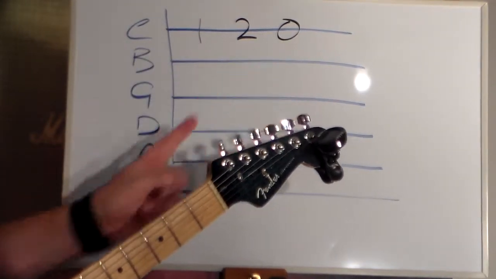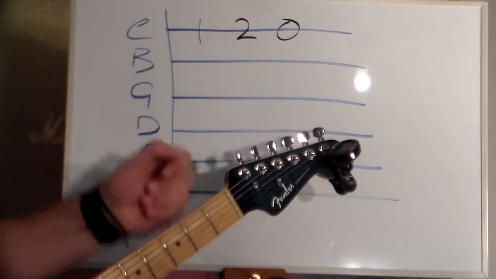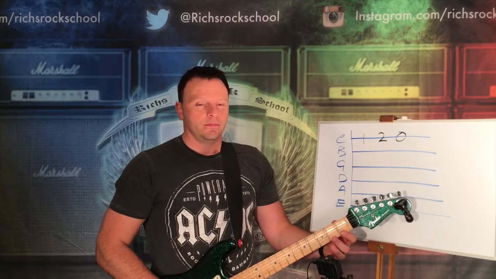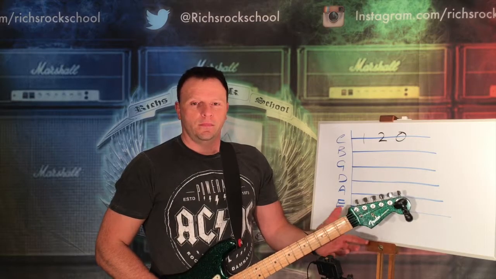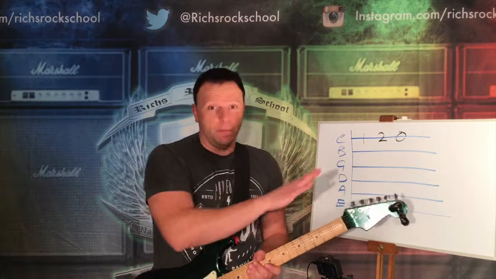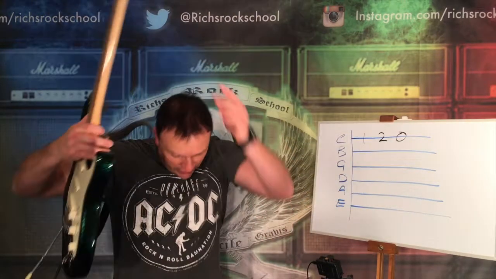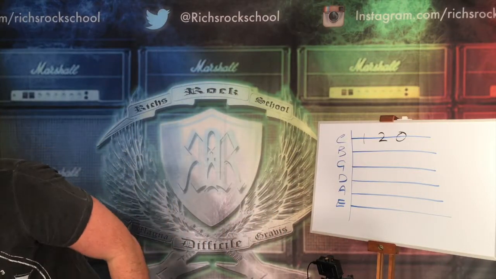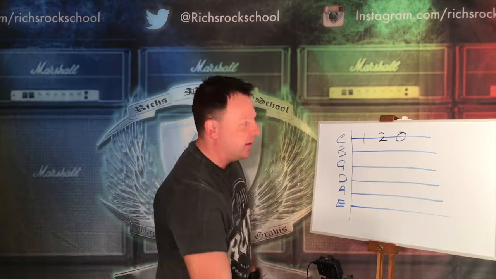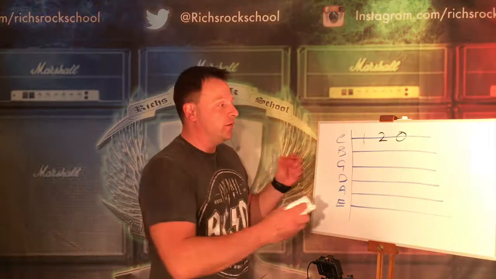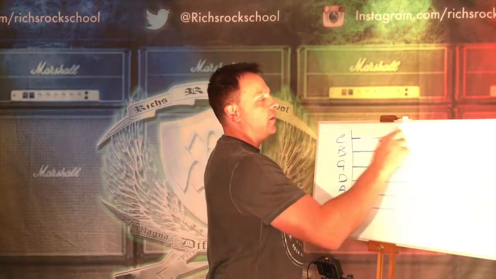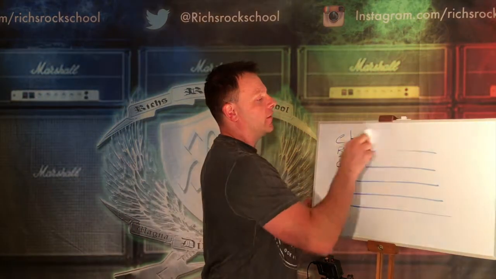So this passage of play looks like that and sounds like this. It's not meant to sound good, by the way, it's just explaining how tab works. Right, so that is looking at individual notes on an individual string.